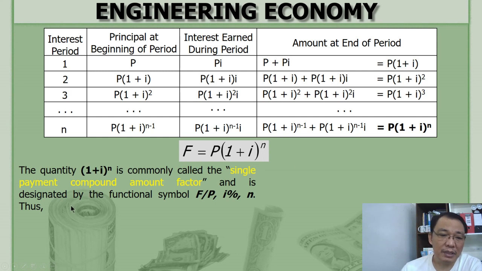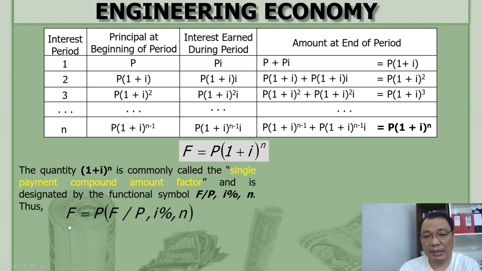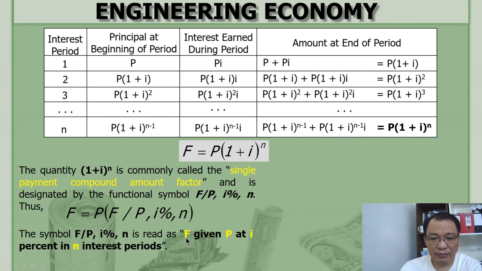It is designated by the functional symbol F slash P, I percent, n. Okay, like this one. So, F is equal to P times F slash P, I percent, n. This one is read as F given P at I percent in n interest periods.